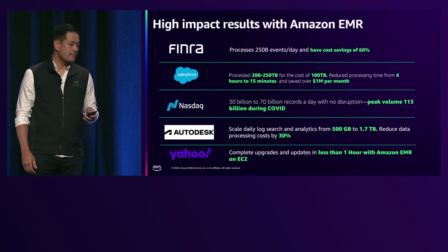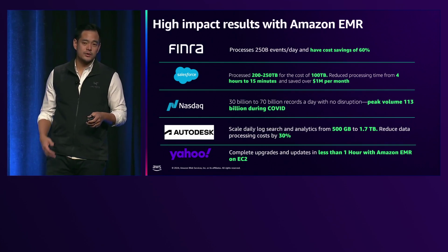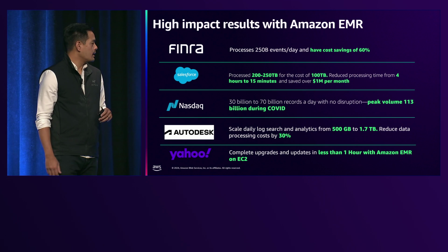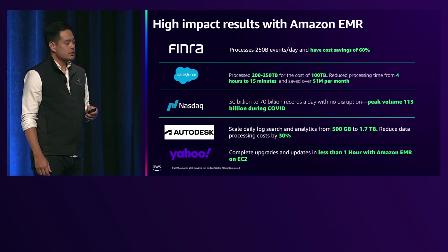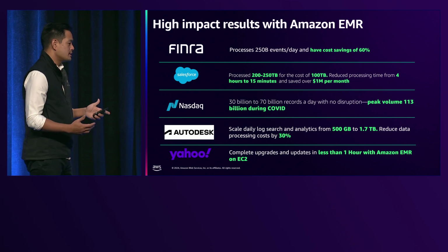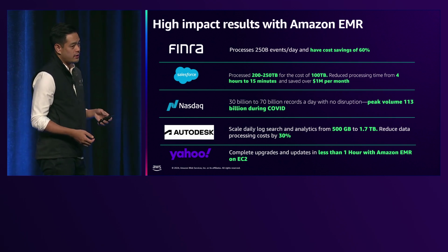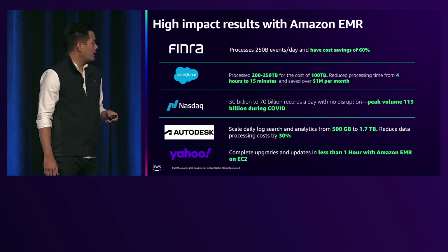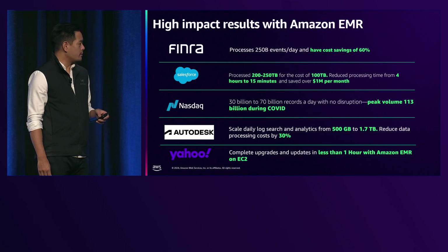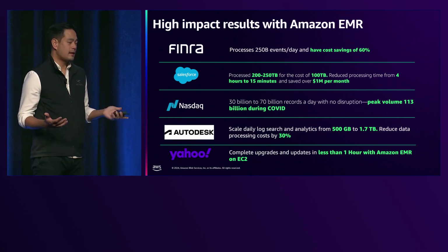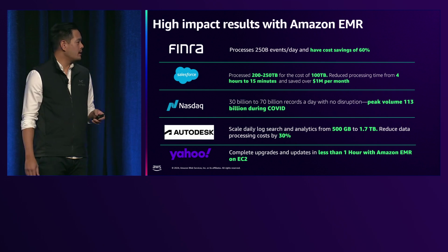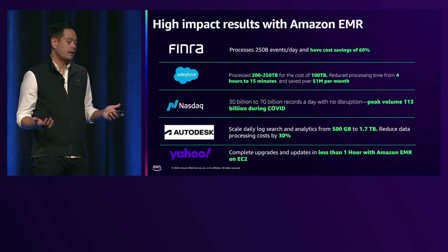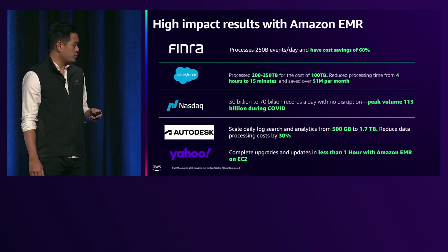Another really great example is at Autodesk. Autodesk uses insights and analytics to provide better solutions and features for their customers. They came to us because they had reliability issues with their existing platform. And because data is a core component of their business, they needed a platform that could support their reliability needs and at the same time scale to their expected data growth trajectory.